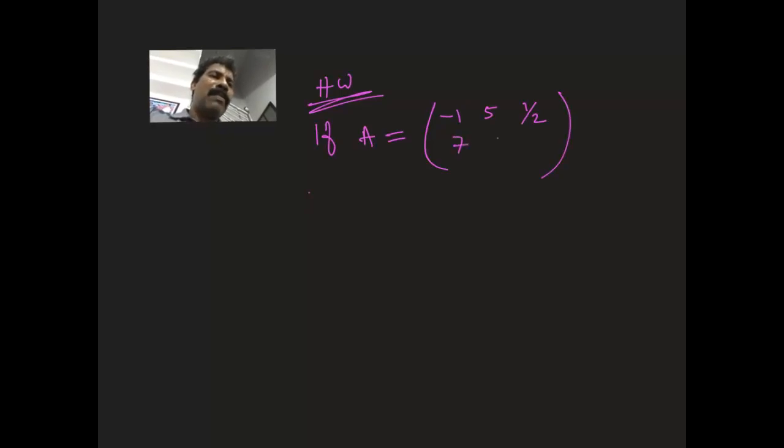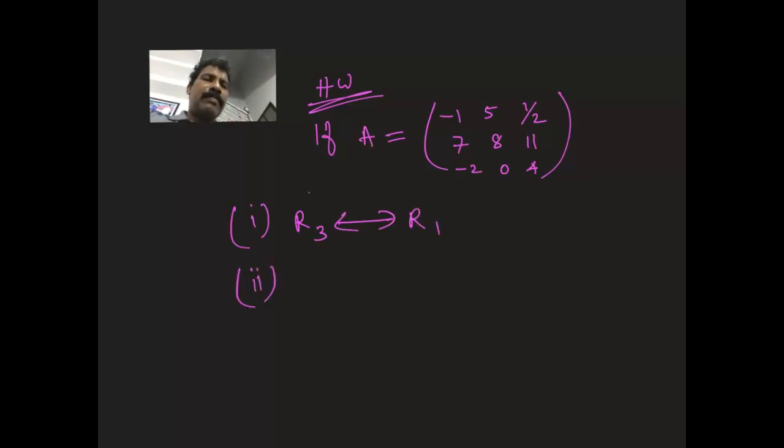A simple homework for you: if capital A is equal to the 3 by 3 matrix, say minus 1 5 half, then 7 8 11, negative 2 0 4, then operate R3 interchange with R1, the first operation.